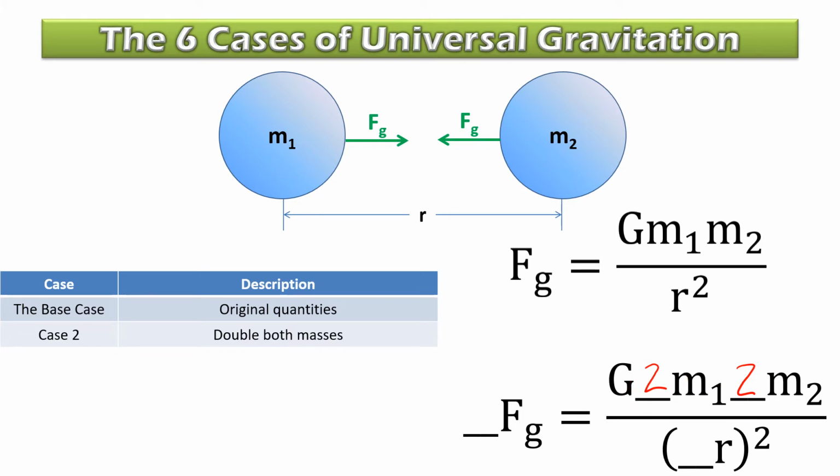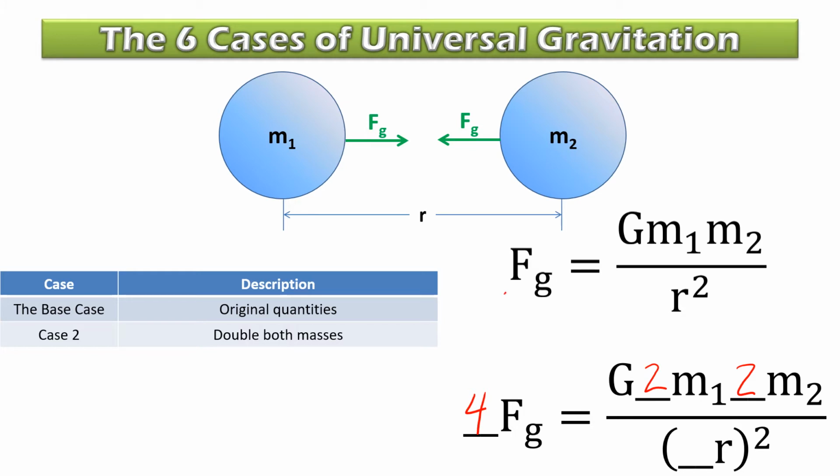So we put a 2 times 2 in the numerator on this side of the equation. We need to put a 2 times 2 in the numerator on that side of the equation, all right? And what's 2 times 2? 2 times 2 is 4. So Fg becomes 4 times as big.